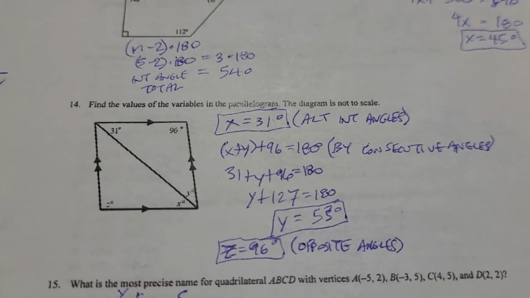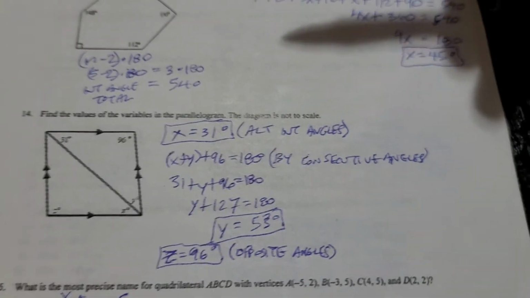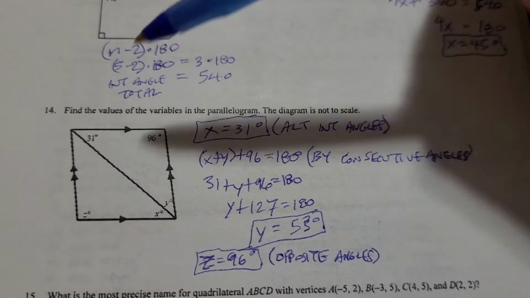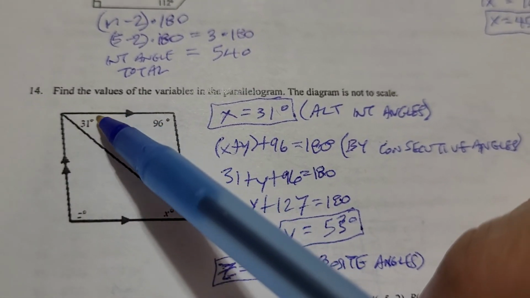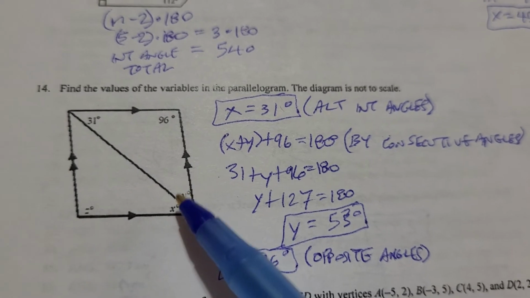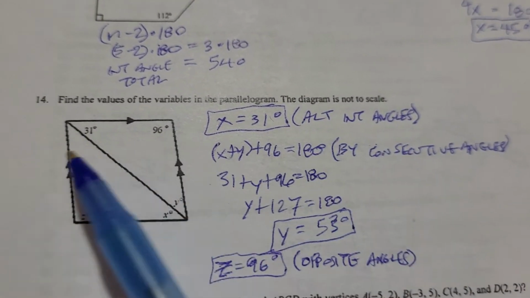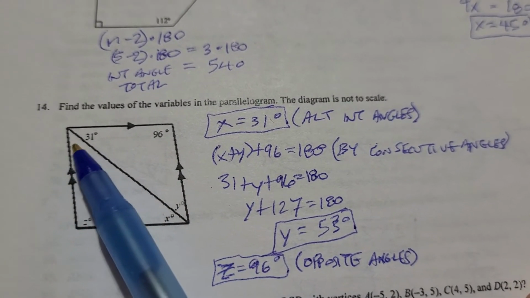Okay, number 14. Find the values of the variables in the parallelogram. Okay, so this is the way you got to look at it. First of all, this 31 and this x, those are going to be the exact same thing. You know that because these are alternate interior angles, but you don't know what this is.